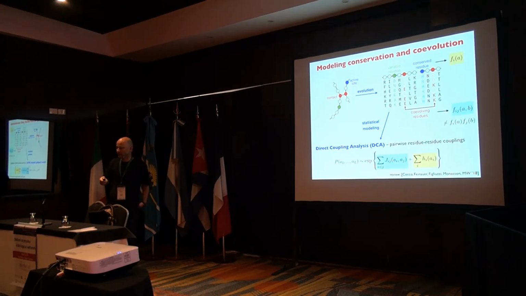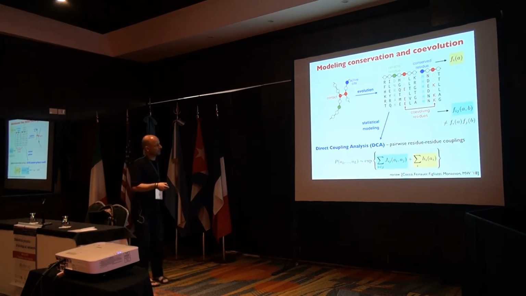I told you they tend to co-evolve because they have to keep physicochemical properties which are related, and this co-evolution is found in terms of correlated usage of amino acids, like here symbolized by this little totally fake example, where you have R and D together, E and K together, but no RK and no ED.